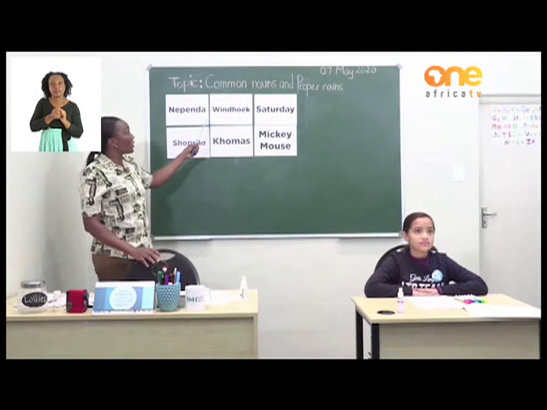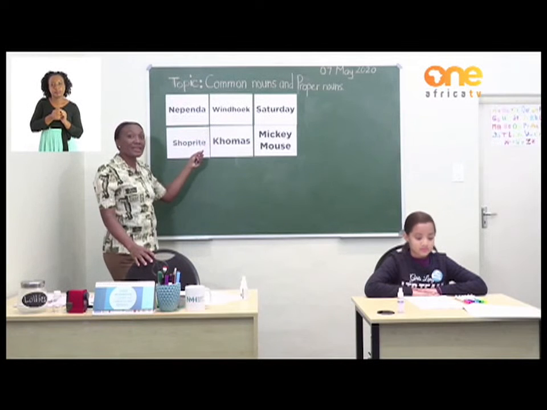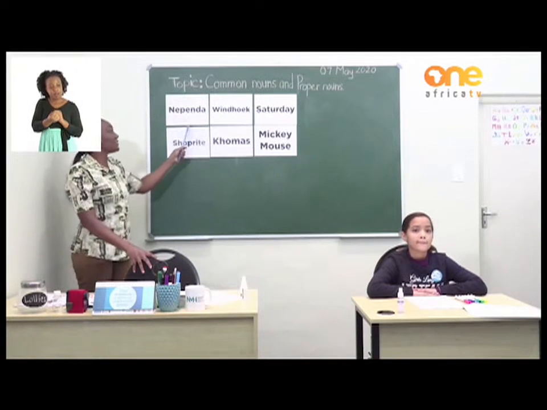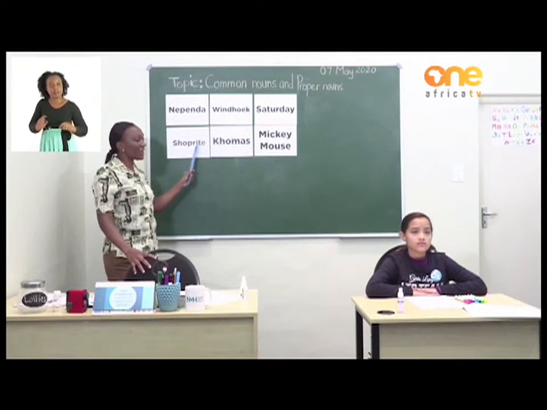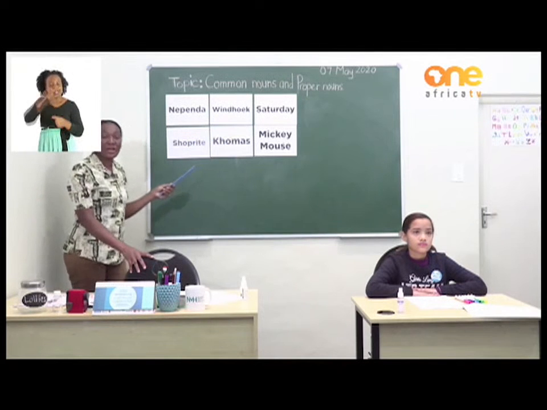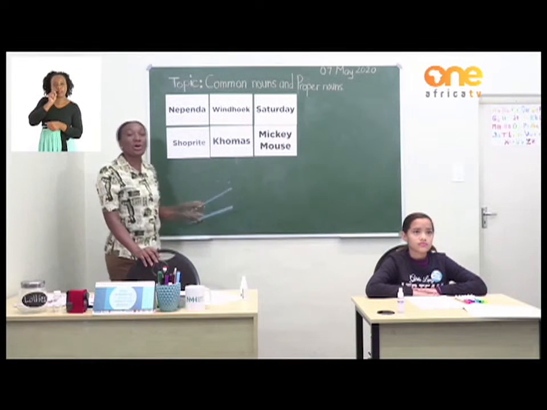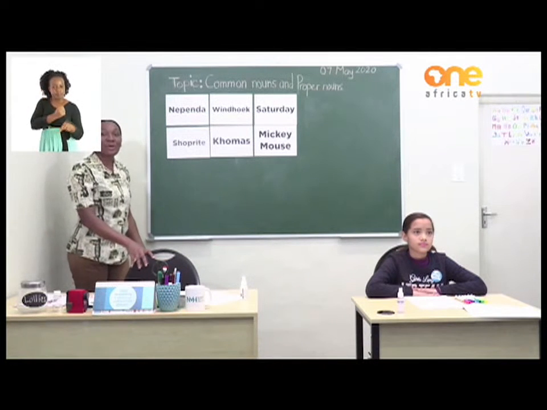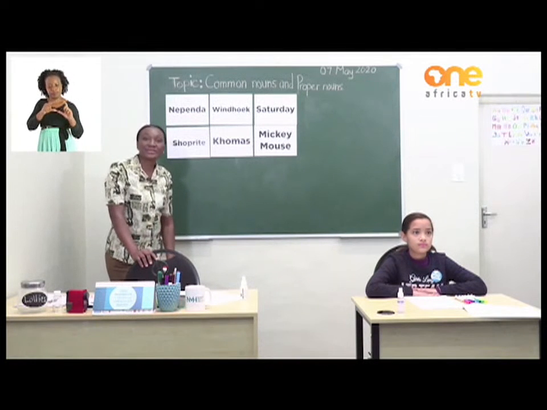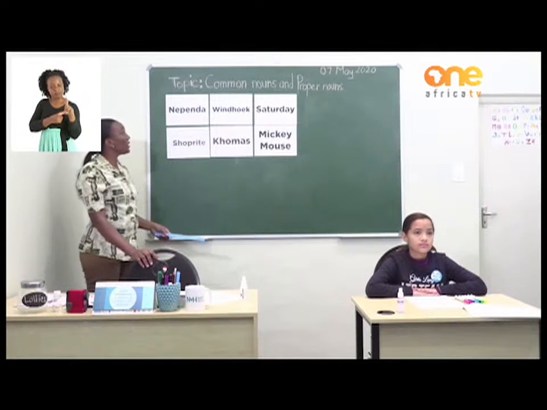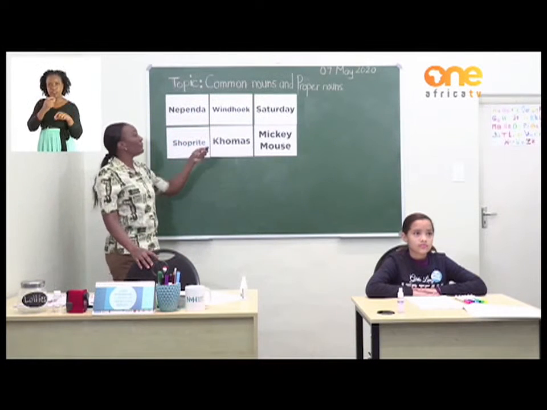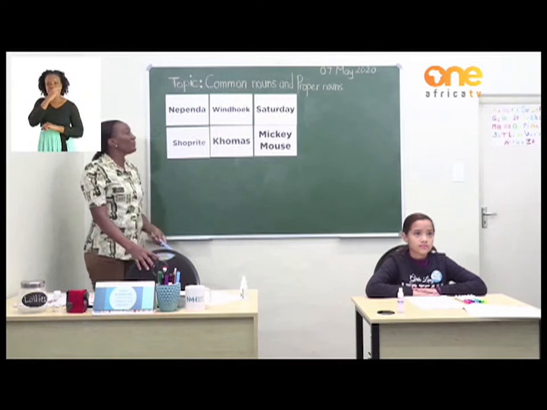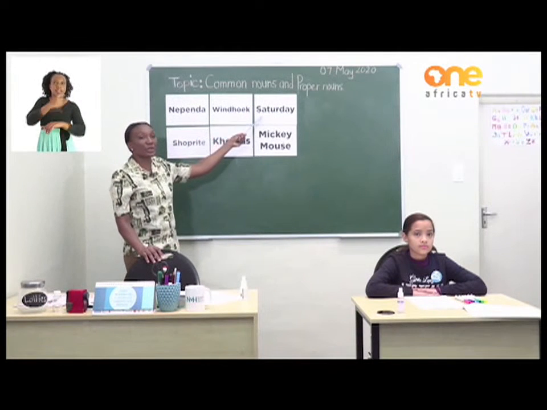Now, on the chalkboard, you can see that I have written different names, okay? Now, remember that proper nouns are always written in capital letters. You must always capitalize the names of people, the names of places, the names of the days of the week.